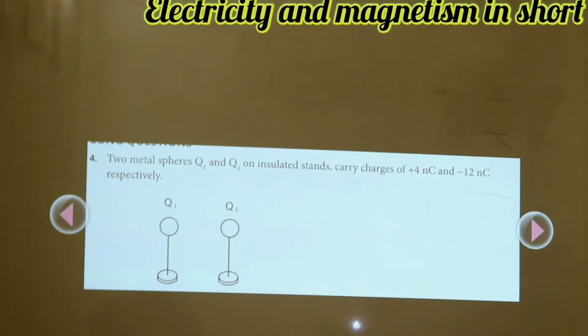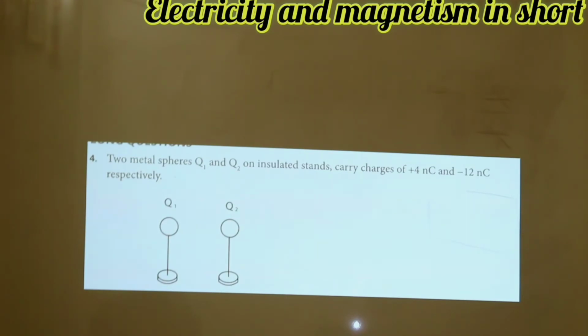This is the question. So two metal spheres Q1 and Q2 and their charges are plus 4 nanocoulomb and minus 12 nanocoulomb and they are separated by a distance of 2 centimeter. How will you calculate the force between them? It can be calculated by Coulomb's law.